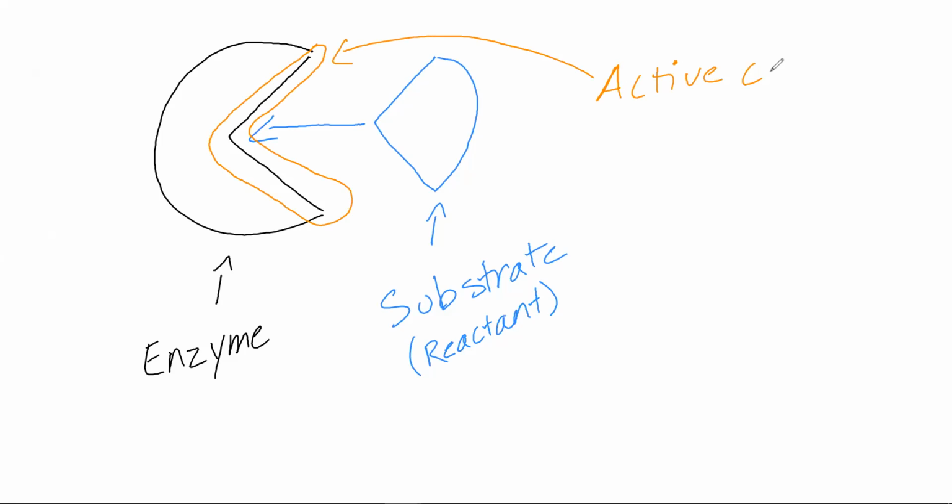Right? It needs to make contact at the active site. And when your substrate makes contact with the active site, and the active site will perfectly fit the substrate, the enzyme will do its reaction and it will spit out a product. And we don't have a special name for the product, it's just a product.